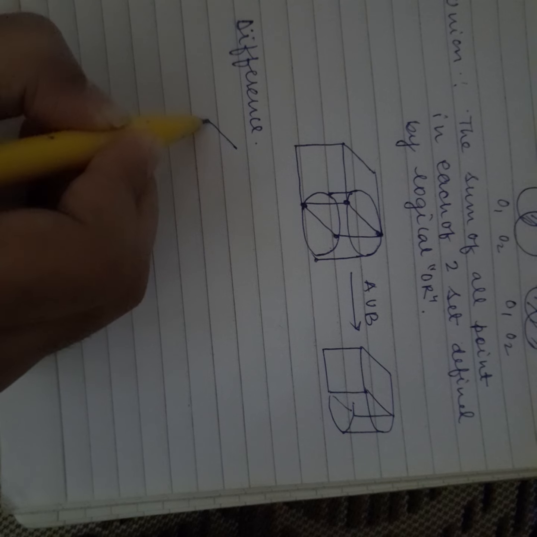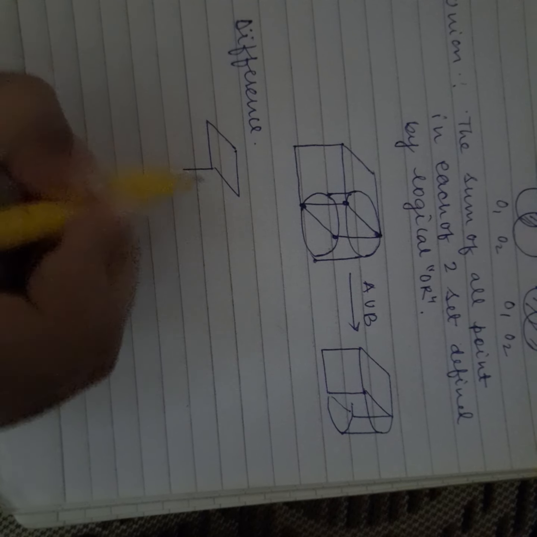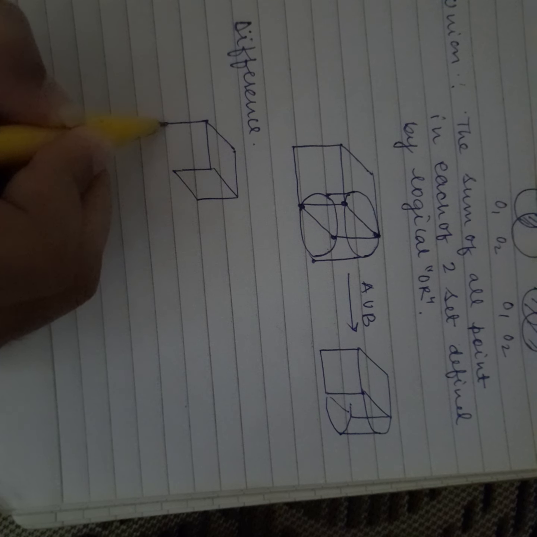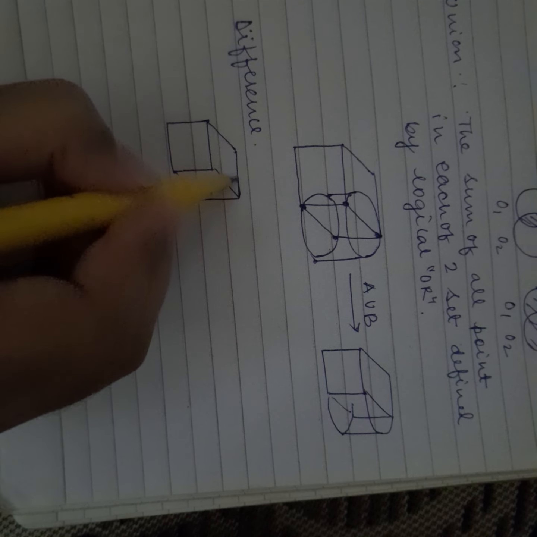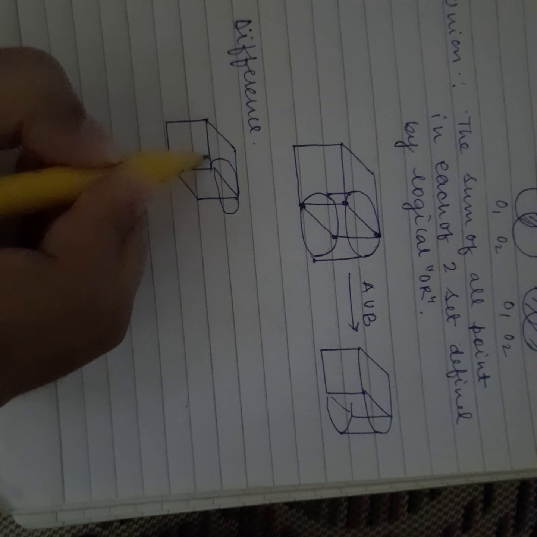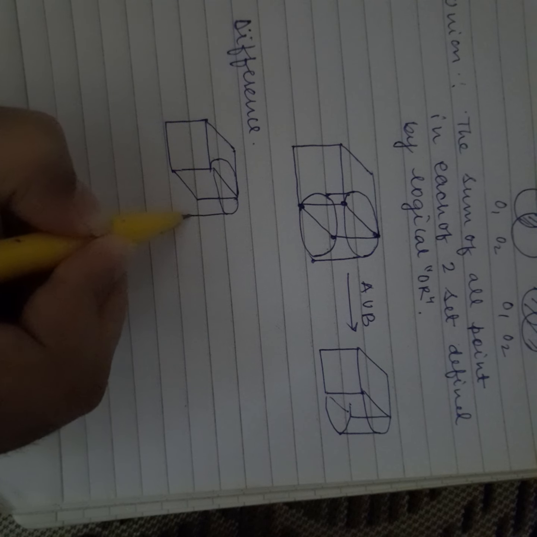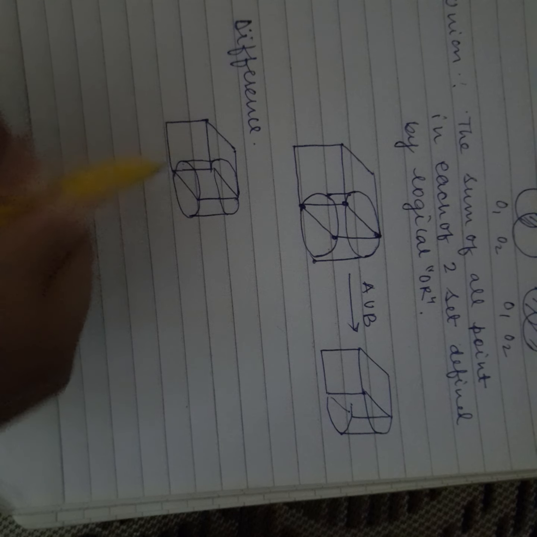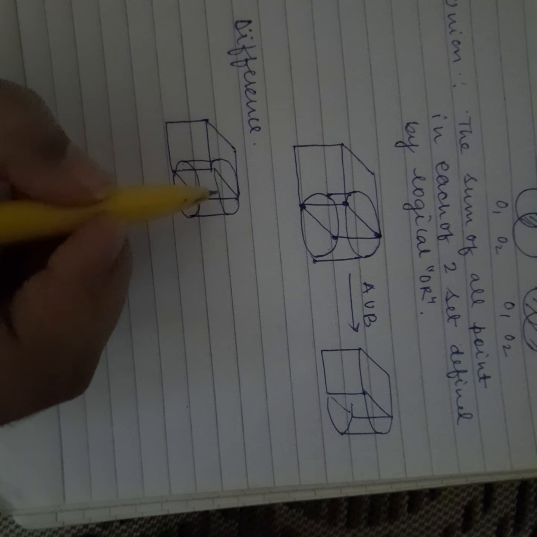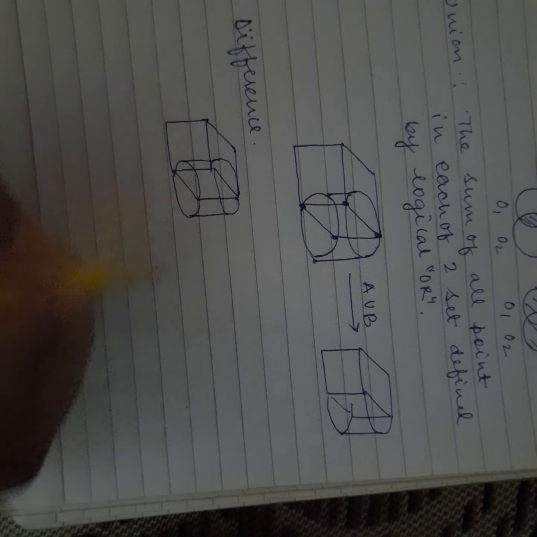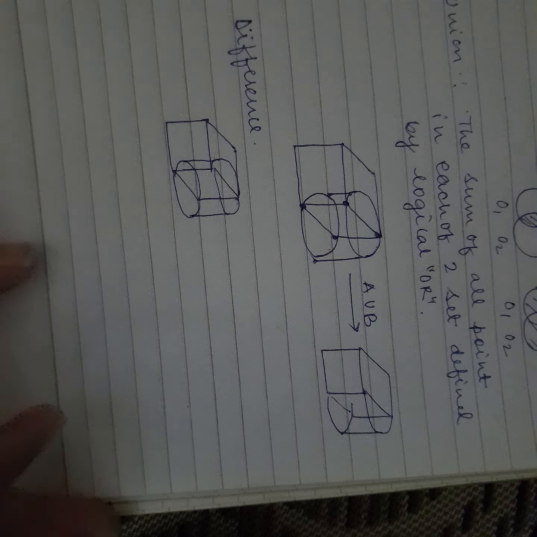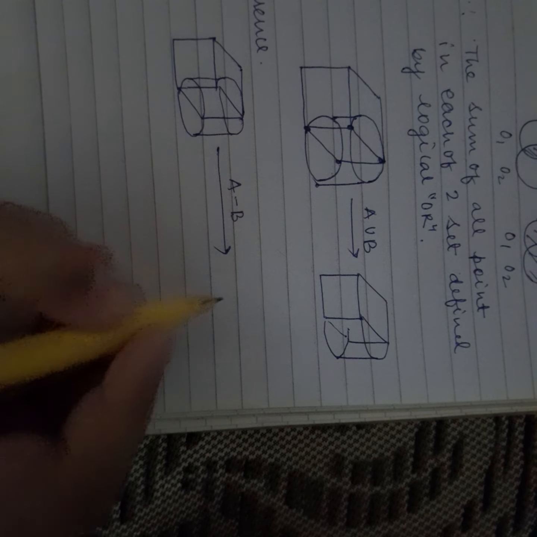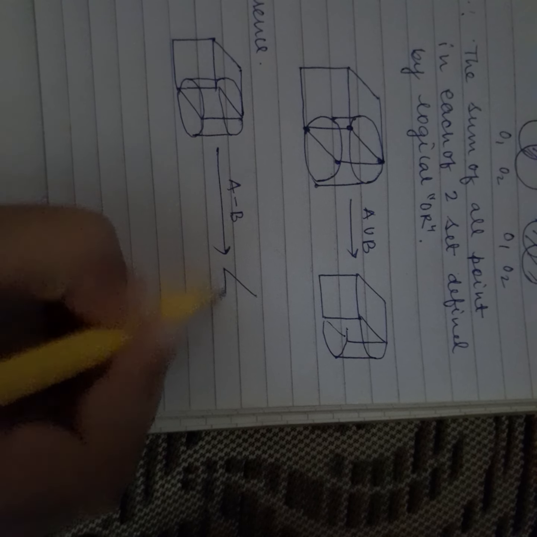If I have a shape like this cube and this cylinder, now the situation is that I want this cube only, like we do in A minus B. It would look something like that.